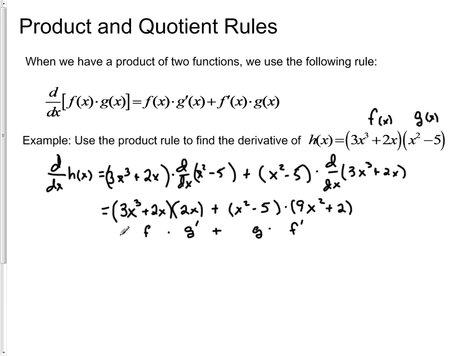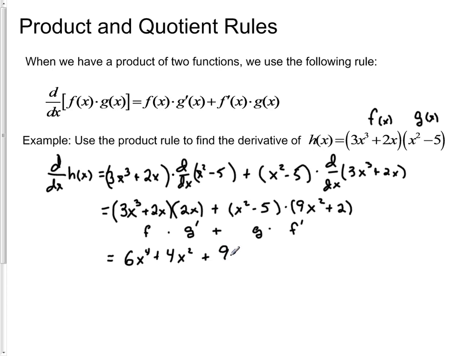And that's the way it would look. Now, of course, we can go through and simplify this, and for continuity's sake, I'm going to go ahead and do that by multiplying through our terms. So I'm going to take 3x cubed times 2x. That's going to give me 6x to the fourth, plus 2x times 2x, so I've got 4x squared. And added to that, I'm going to multiply together 9x squared plus 2 times x squared minus 5. Use my FOIL method.